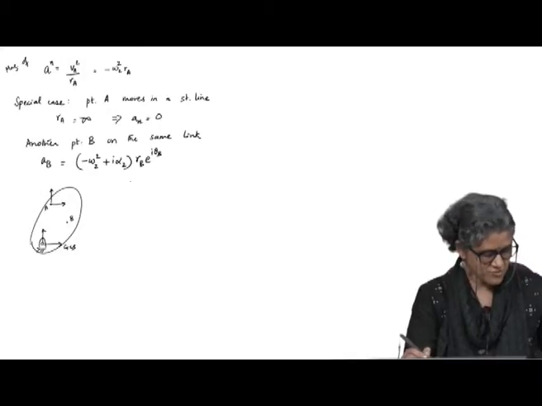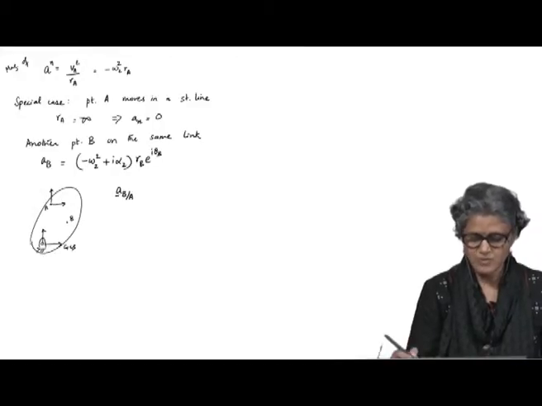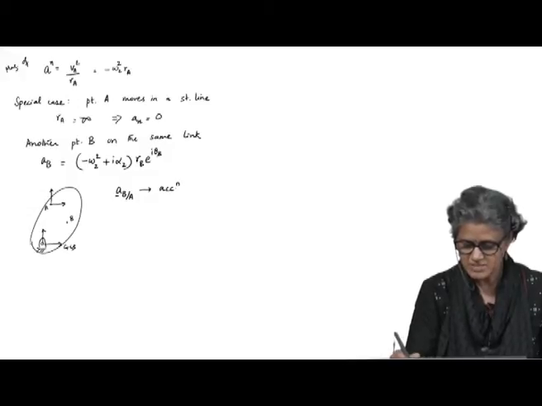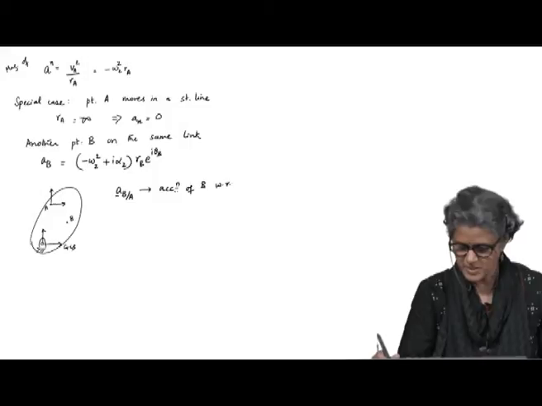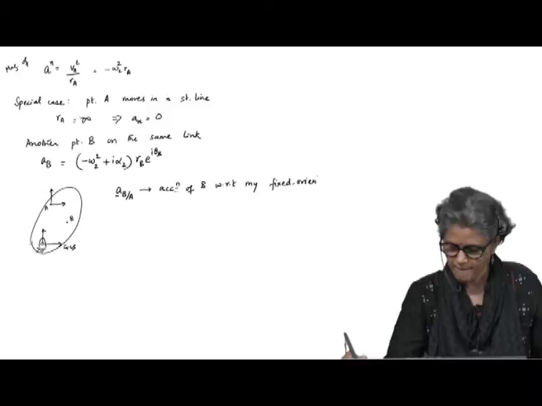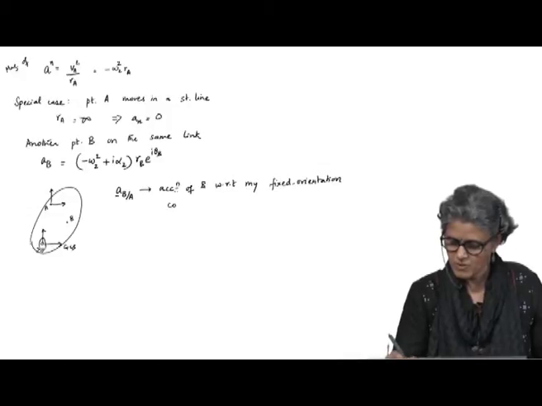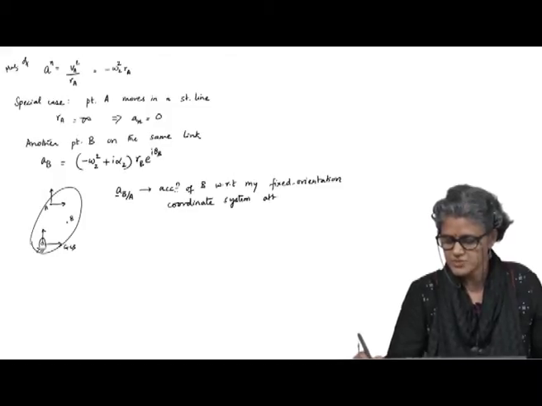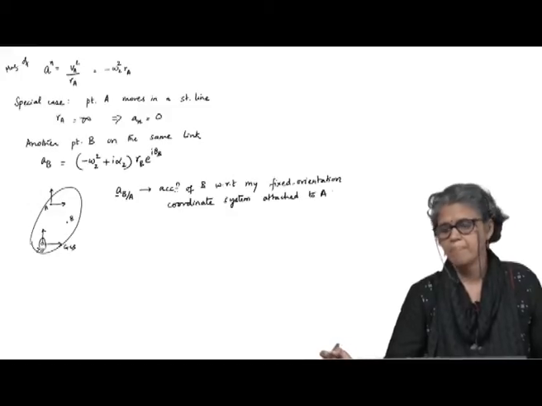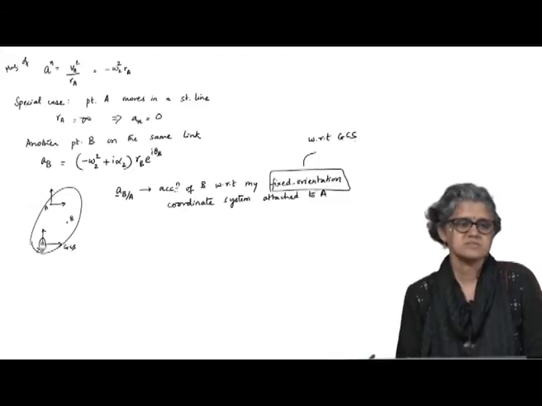So, what is that acceleration of B? The acceleration of B with respect to A is the acceleration of B with respect to my fixed orientation coordinate system attached to A. Fixed orientation with respect to the ground coordinate system.